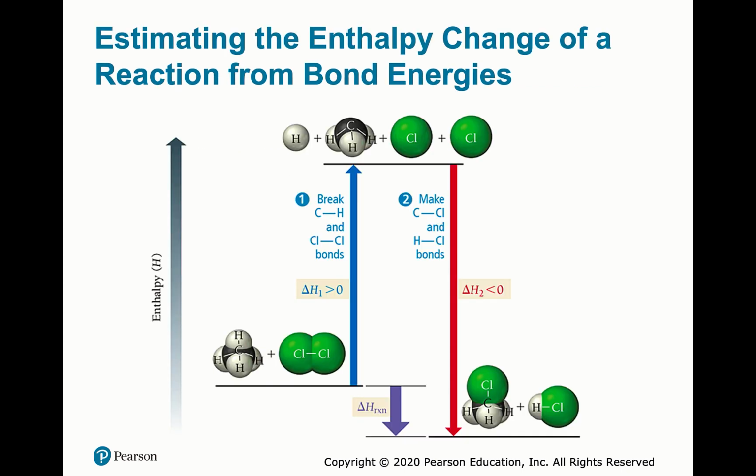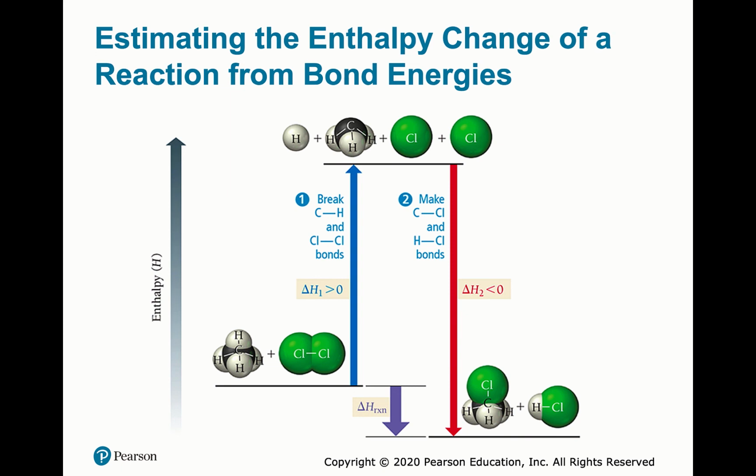So, for instance, let's look at methane plus chlorine to make chloromethane and hydrogen chloride. You can estimate this, and why am I using the word estimate? Because it's average. There's the average bond energy.